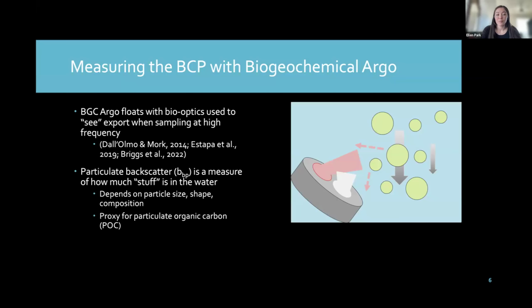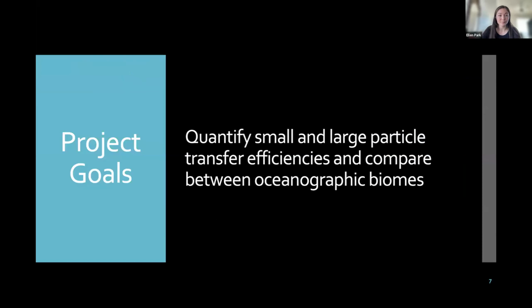The particular biooptic parameter I'll be talking about today is particulate backscatter, which is essentially a measure of how much stuff is in the water. This signal depends on particle concentration, size, shape, and composition. And as we mentioned before, it can be used as a proxy for particulate organic carbon.